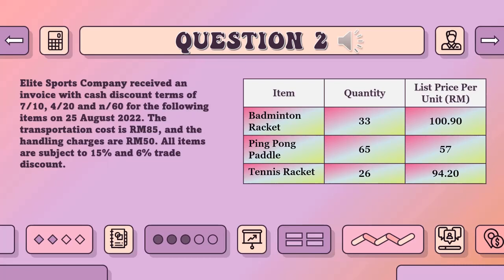The items are badminton racket with a quantity of 33 and a list price per unit of 100 ringgit and 90 cents, ping pong paddle with a quantity of 65 with a list price per unit of 57 ringgit, and tennis racket with a quantity of 26 with a list price per unit of 94 ringgit and 20 cents.